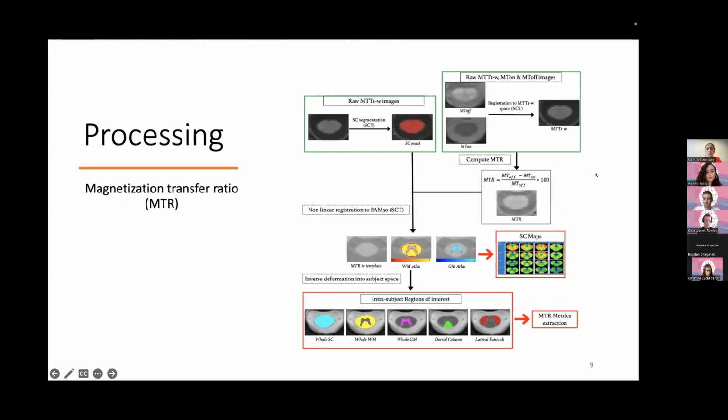We just have one more step to compute the magnetization transfer ratio from the MT off and MT on images with this formula, but then we also have the spinal cord segmentation, the registration to the PAM50 template, and the inverse deformation. Here we have two more regions of interest, which are the dorsal column and the lateral funiculi.